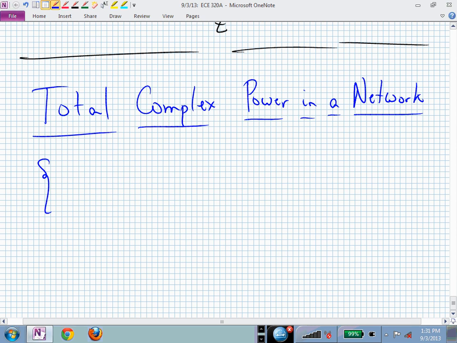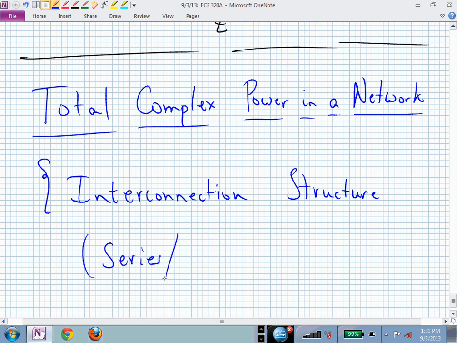Here's something that I think is kind to us in terms of what we need to keep track of: how these subsystems in this network are interconnected, or the interconnection structure. By that I'm saying whether load 1 is in series with load 2, which is in parallel with load 3, which that combination is in series with load 5. This parallel series combination, or the way that it's interconnected, really doesn't matter when we're dealing with powers.